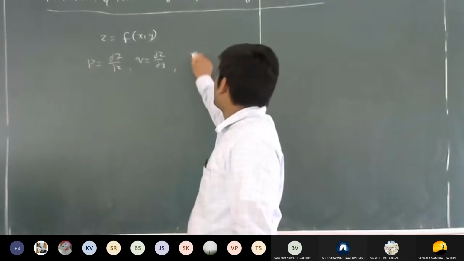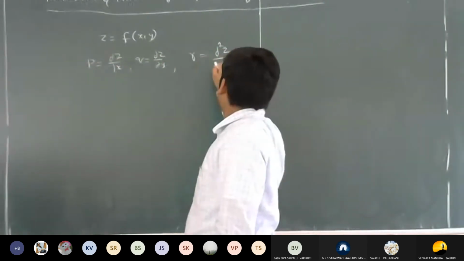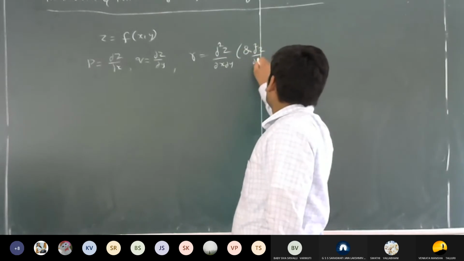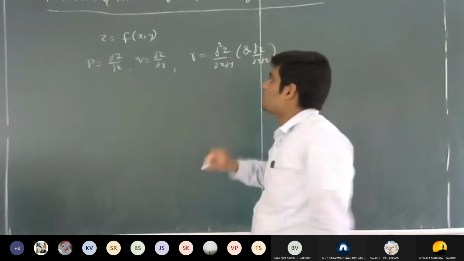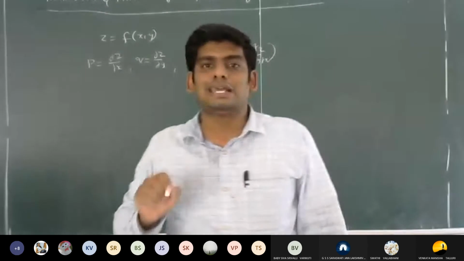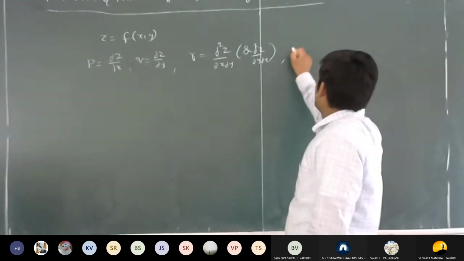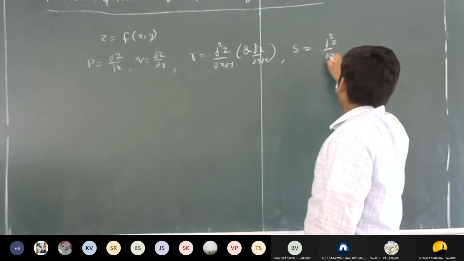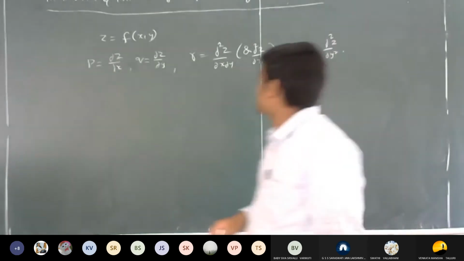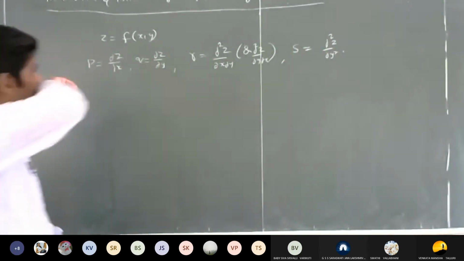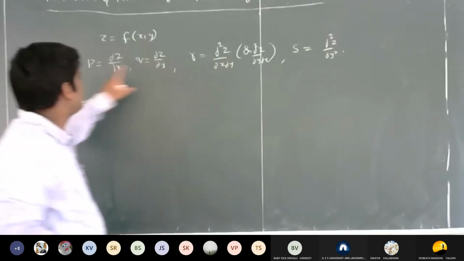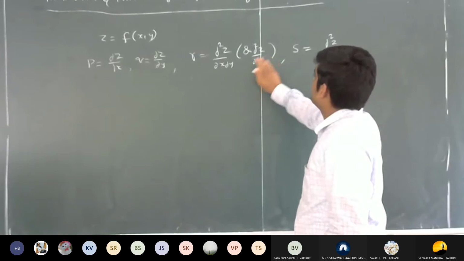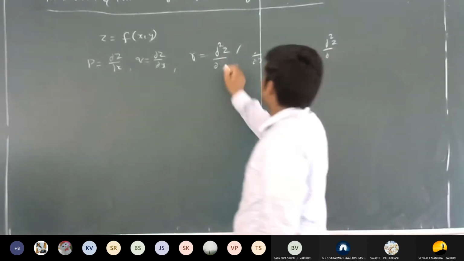P, Q, R. What are the next two? R is dou square z by dou x square.